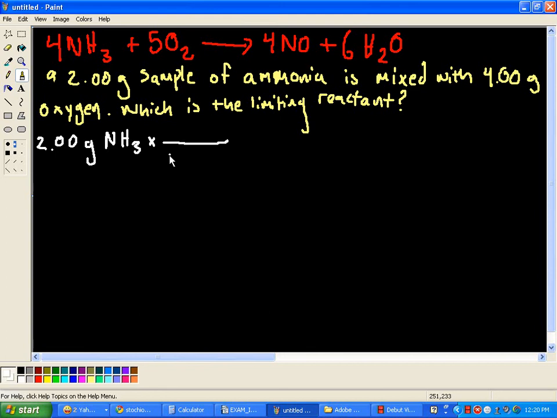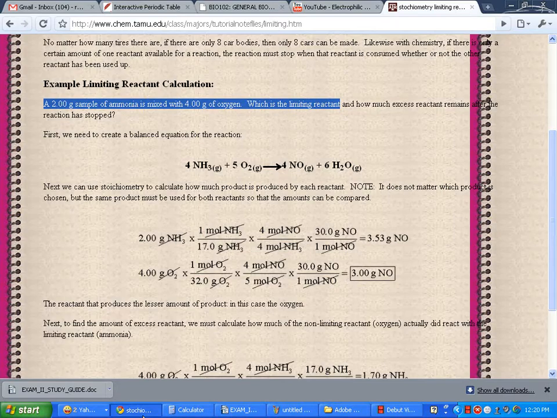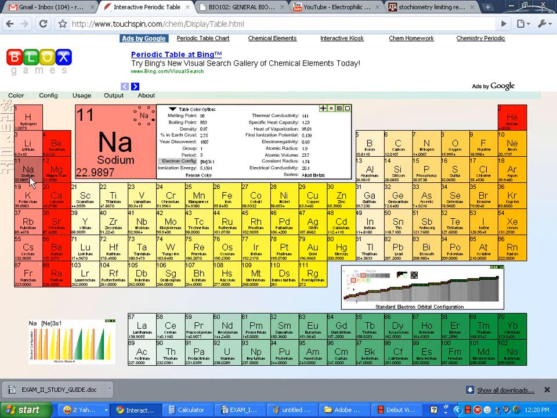First we have to figure out the atomic weight of the compound NH3. So we go to our periodic table here. We know 1 atom of nitrogen is going to be 14.0067.